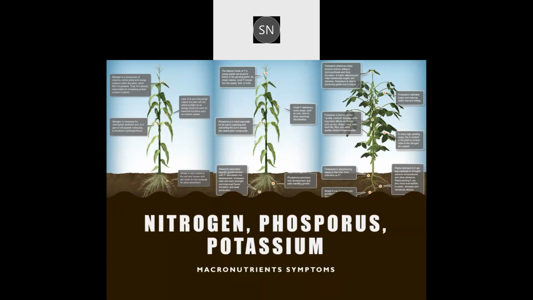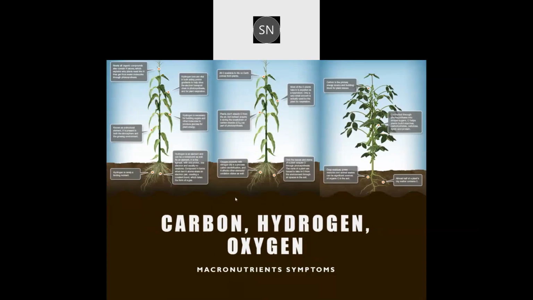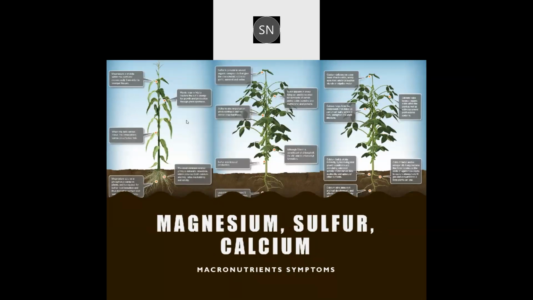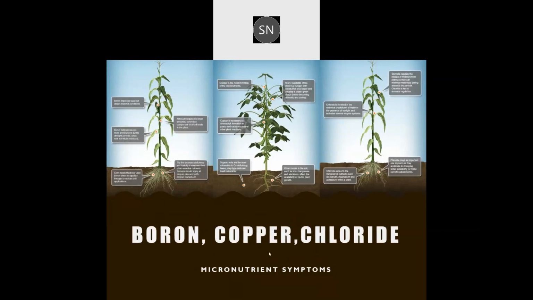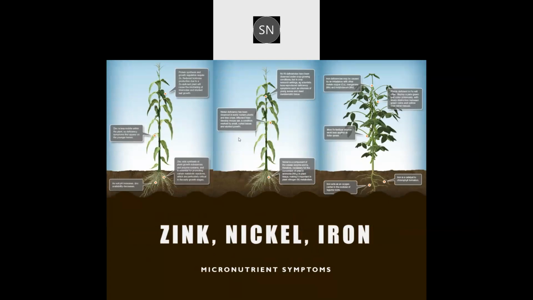On nitrogen, phosphorus, potassium, the symptoms of deficiencies on carbon, hydrogen, oxygen, magnesium, sulfur, calcium. I also added micronutrients. Sorry, this is for boron, copper, chloride, zinc, nickel, and iron. Usually, if present in a lot, you find stunted growth.